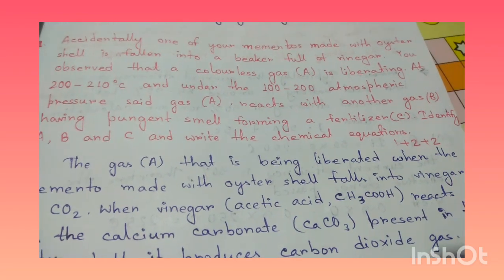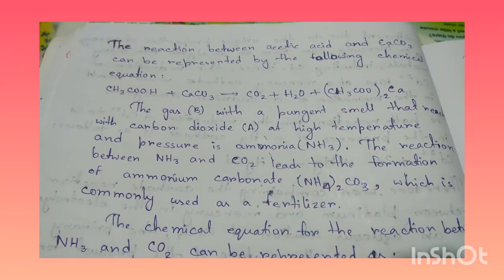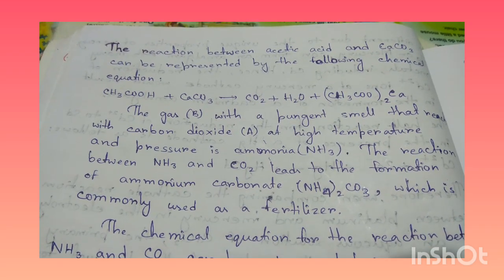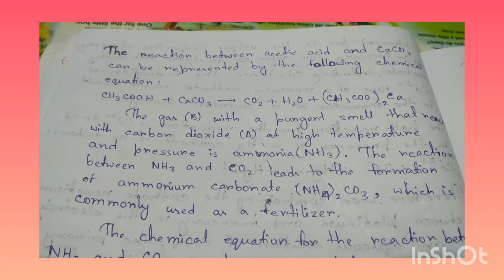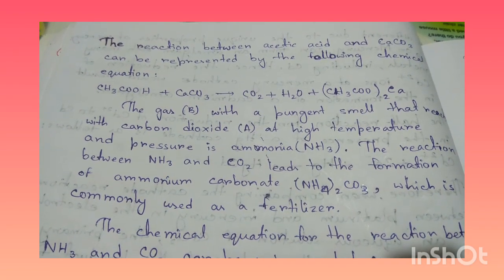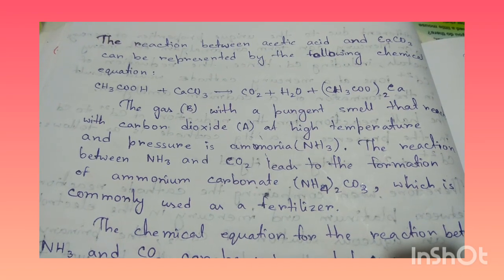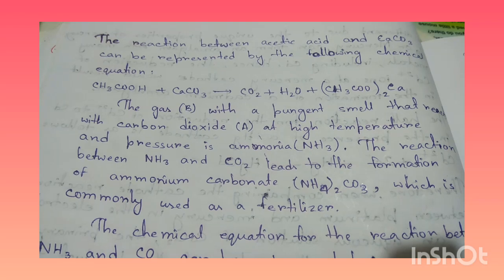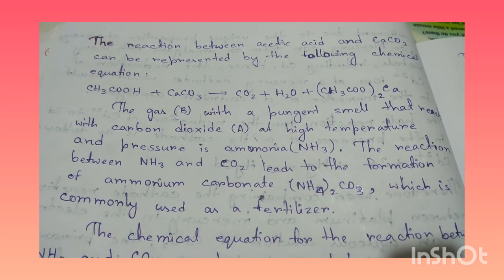It produces carbon dioxide gas. The reaction between acetic acid and CaCO3 can be represented by the following chemical equation. CH3COOH plus CaCO3 is equal to CO2 plus H2O plus (CH3COO)2Ca. (CH3COO)2Ca is called calcium acetate.